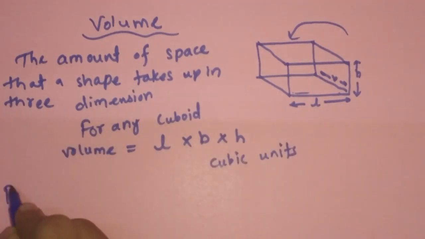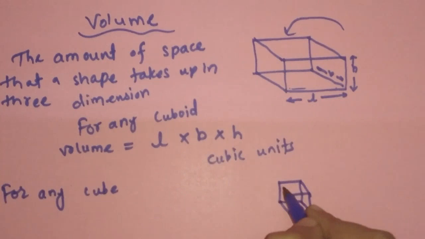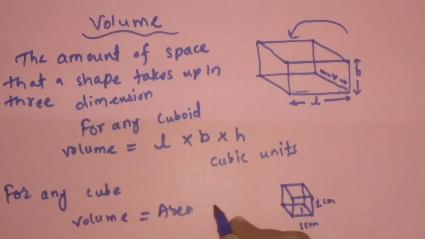Okay. And suppose for any cube, suppose this is one cube of 1 centimeter, having all the faces as squares. The base is 1 centimeter, and the height is also 1 centimeter. So for any cube, volume is equal to its area multiplied by its height.